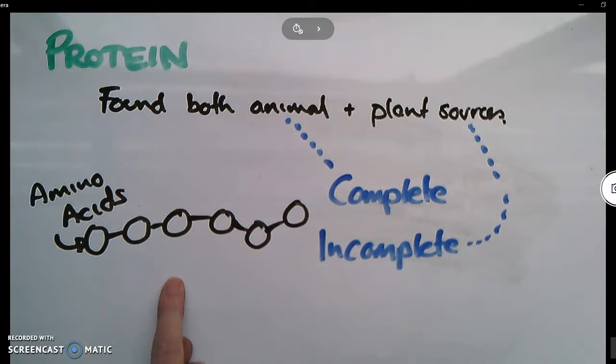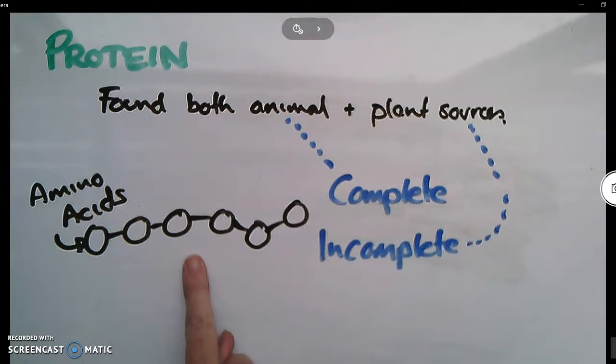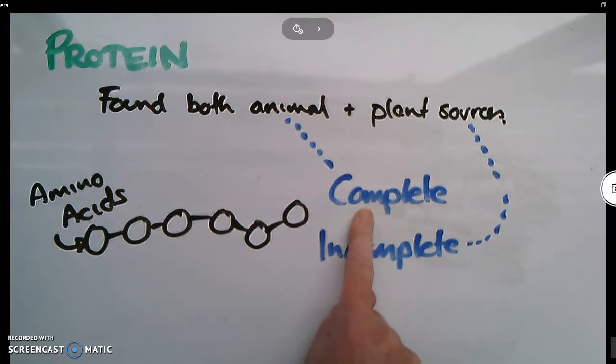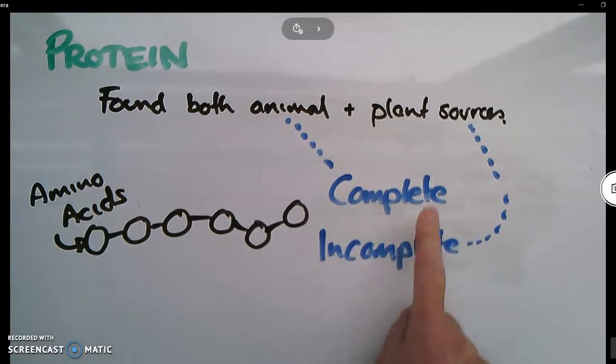There are 22 different types of amino acids. So something that is a complete protein has all the amino acids available in that food source that our body needs. And something that is an incomplete protein, which comes from a plant source, doesn't have all the amino acids that our body needs. Okay? So just be aware that complete proteins come from animal sources and incomplete come from plant sources.